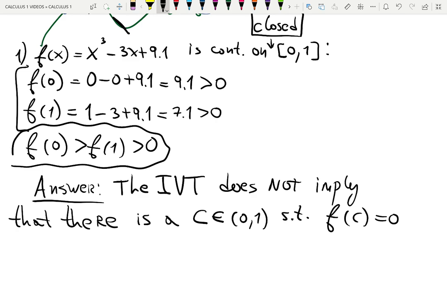Which means the theorem does not imply that this equation has a root on 0, 1.